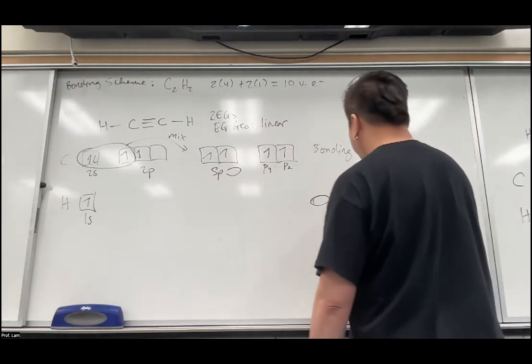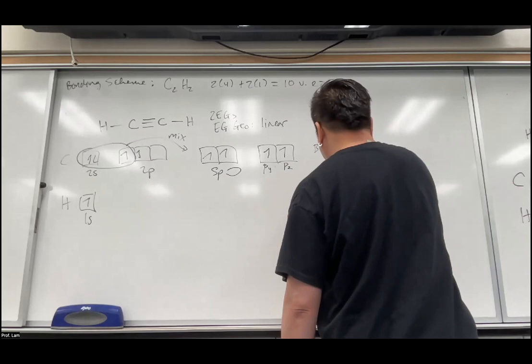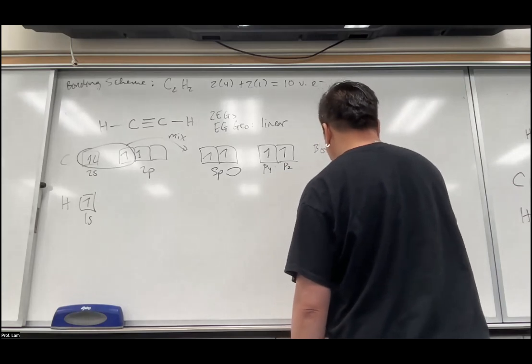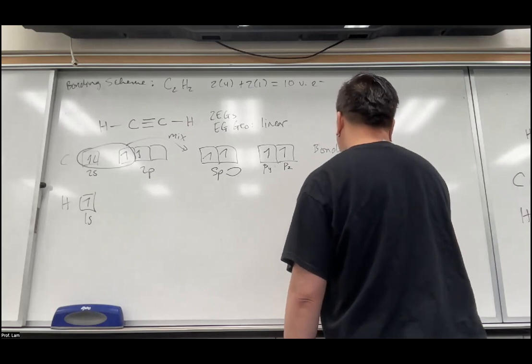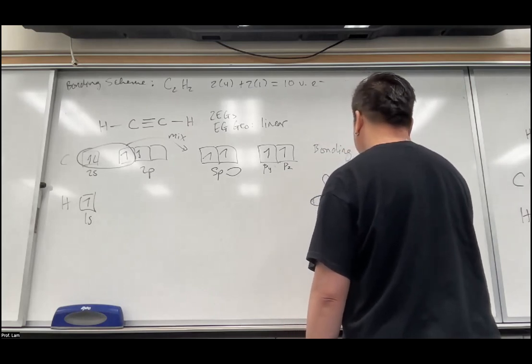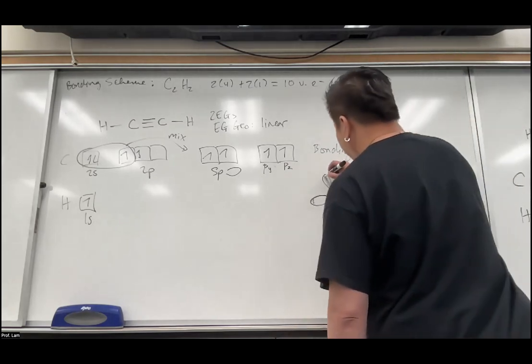So I can do like this, and like this. Call this one the PY. Call this one the PZ. And 1 electron.